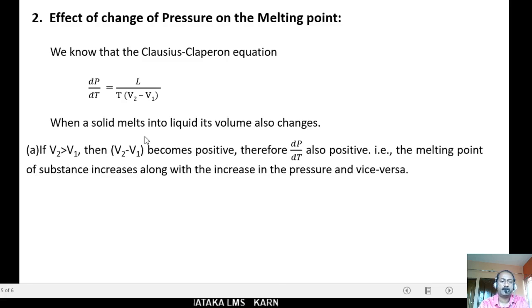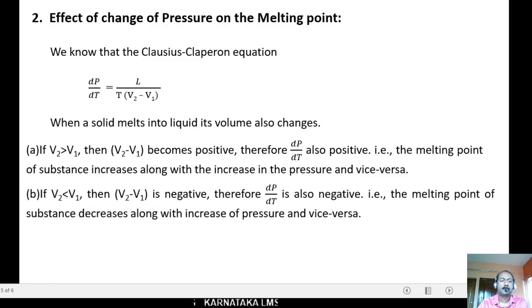If the volume V2 is greater than V1, then the difference in the volume, V2 minus V1, becomes positive. Here in the RHS, the difference in the volume in the denominator becomes positive. Therefore, in the LHS, the ratio dP by dT is also positive. That means the melting point of substance increases along with the increase in the pressure and vice versa. I repeat, the melting point of substance increases along with the increase of pressure and vice versa.